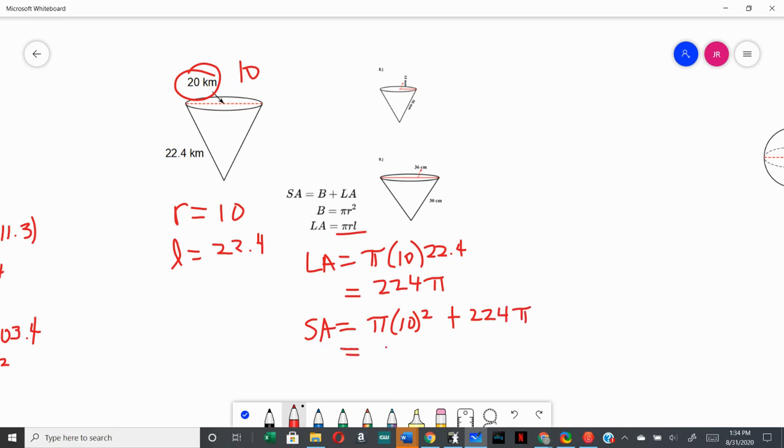And so 10 squared is 100. So 100 pi plus 224 pi. Final answer, 324 pi kilometers squared. So real simple on cones, I think. Cones and spheres to me are kind of the easiest ones.